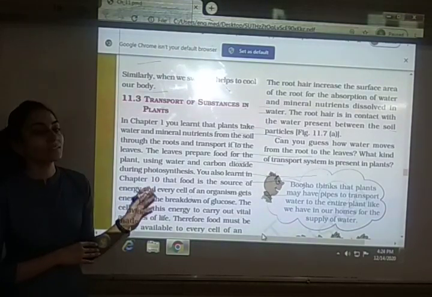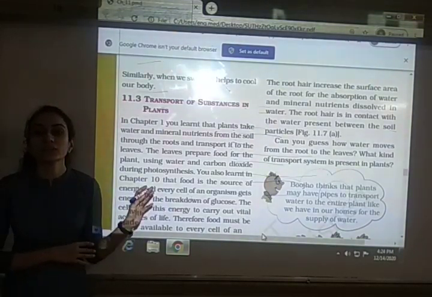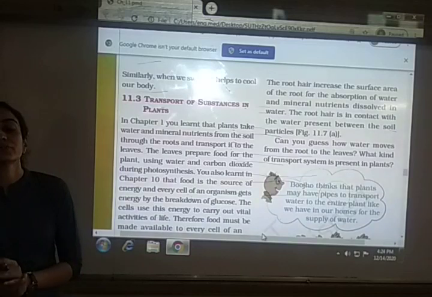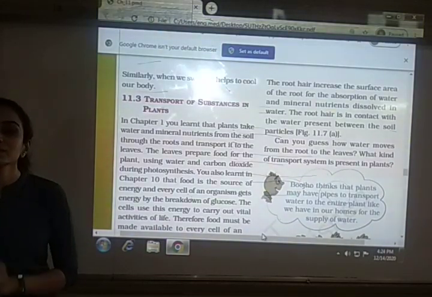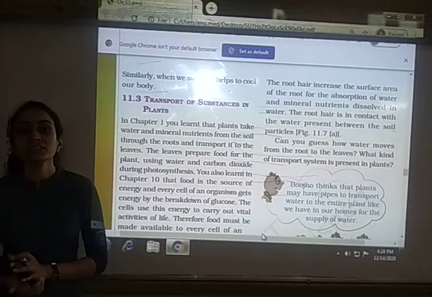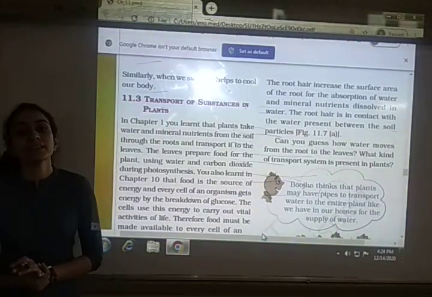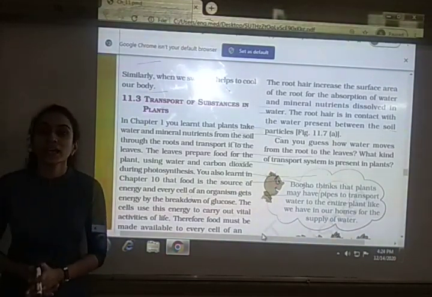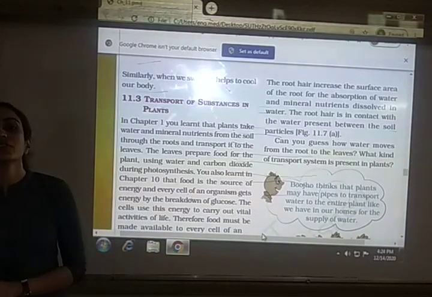Then after we had seen the excretory system in humans. In that we had seen the different parts of the excretory system, that is kidneys, ureters, urinary bladder and urethra. In that we had seen that the blood reaching the kidneys contains both useful and harmful substances.